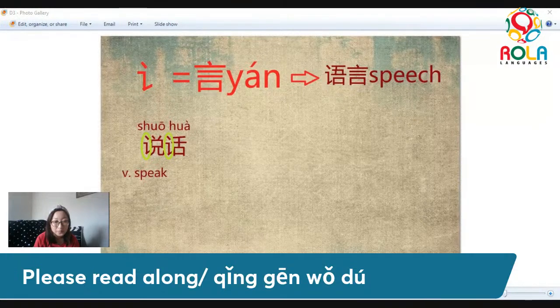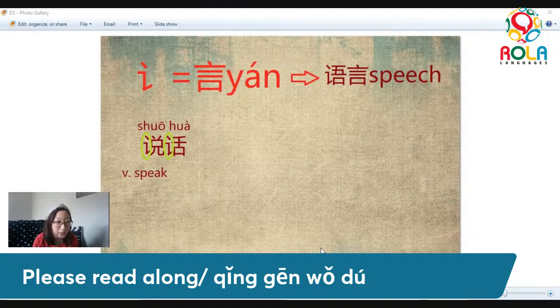There we go. So, what is this little phrase? I believe chances are you already know that because if you learn Mandarin for a bit, you probably use that phrase quite a few times. So, 请跟我读, it is 说话. 说话 is a verb.